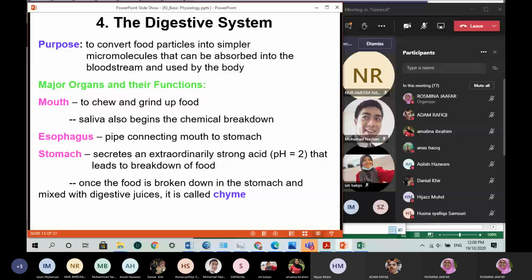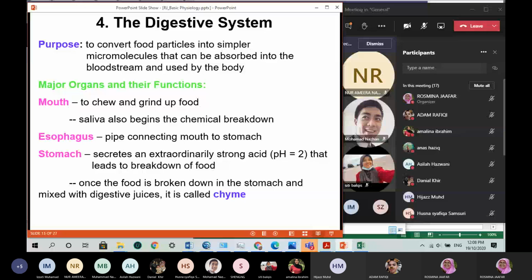Only glucose can be absorbed into the bloodstream, into the blood cells, because the blood cells carry oxygen and nutrients. And the nutrients are in terms of glucose and all other parts that we consume.